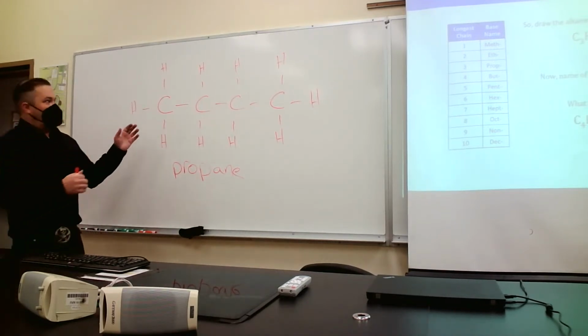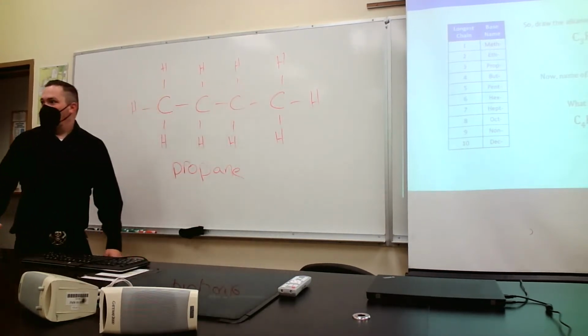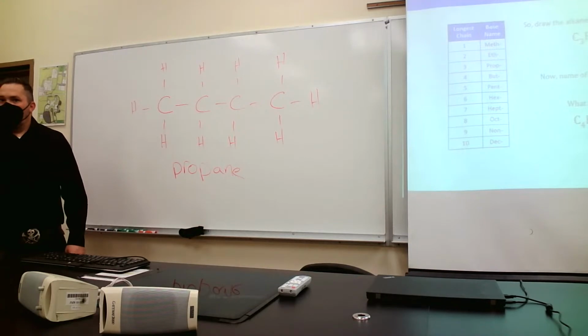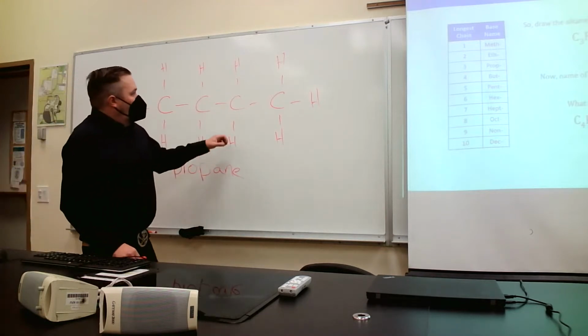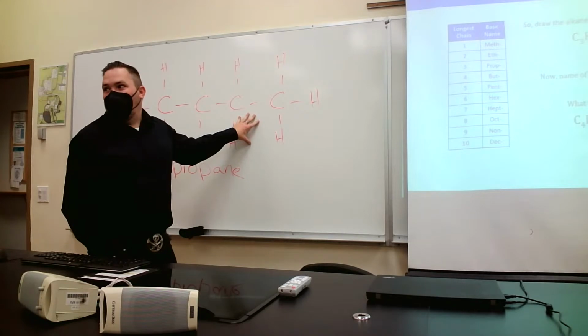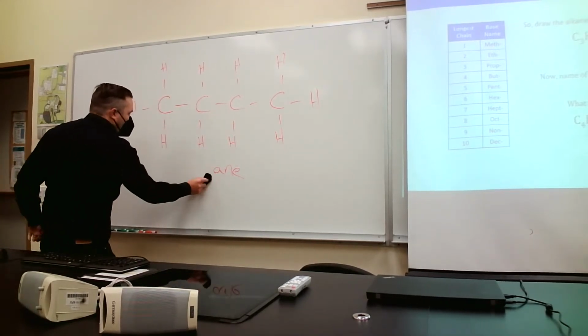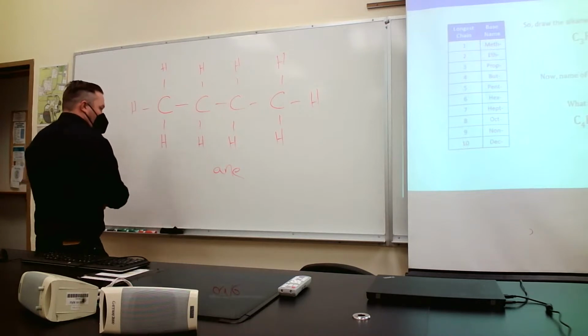You can actually think of it as splitting this open and sticking one CH2 right in the middle, which is why we go up by 1 carbon and 2 hydrogens. So now our longest continuous carbon chain is not 3, it's 4. So it's not propane, it's butane.